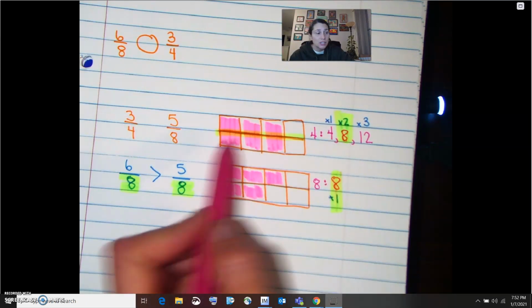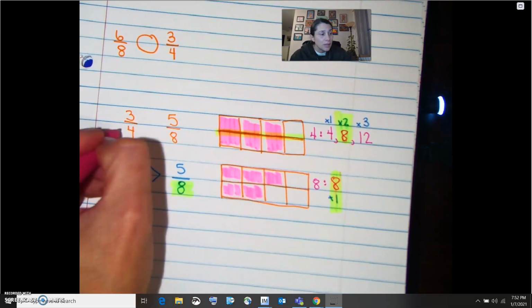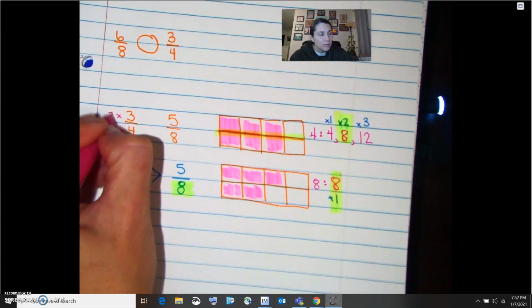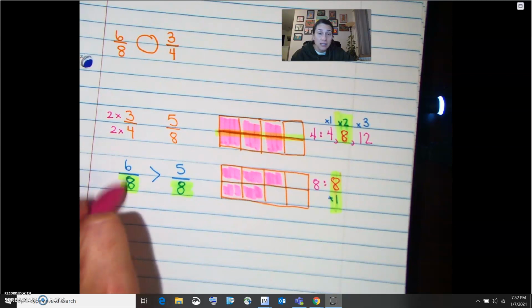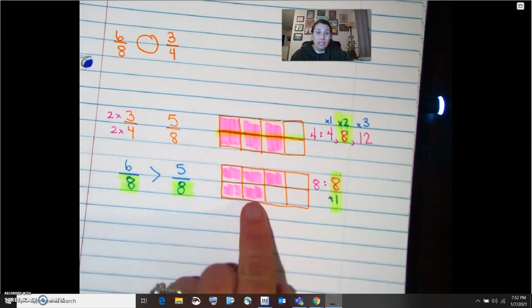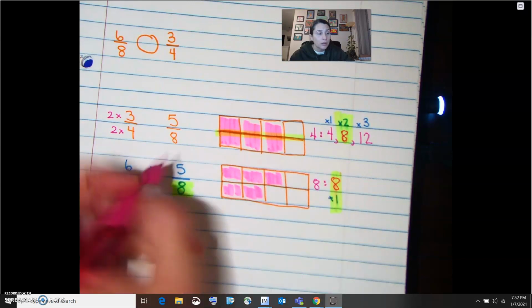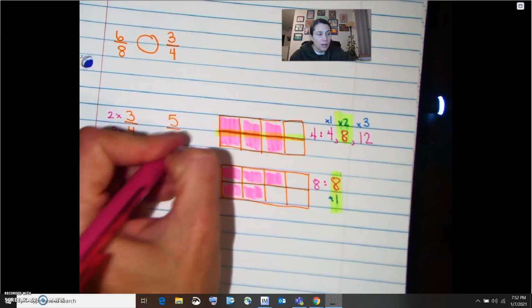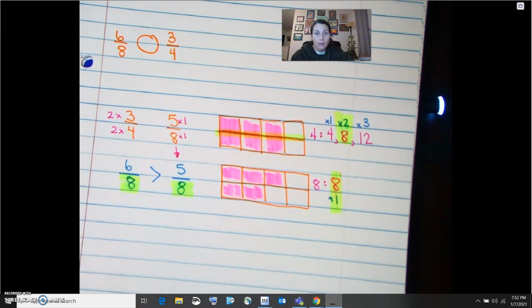I multiplied it by 2. Do you see that? And so that means to get that 8 with my numbers, I multiply by 2. And that's how we get the 6 eighths. And that's what it looks like in the pictures. Now, with our bottom one, we've already said if you multiply by 1, you really don't have to do anything but bring it down.